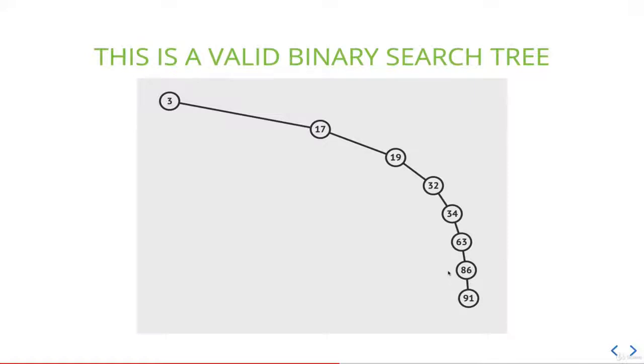But if that's what you had, and it kept growing and growing, then the number of steps it's going to take to insert or to search is going to grow as the number of nodes grow. So that would be O of n if you had a completely one-sided tree like this. Now there's a really easy solution, which is just don't store a binary search tree like this. If you needed this as a tree and you wanted it to be sortable, you could rewrite this binary search tree where you pick a different root.